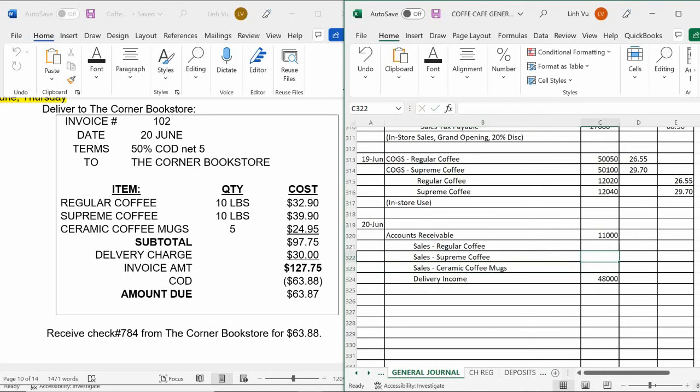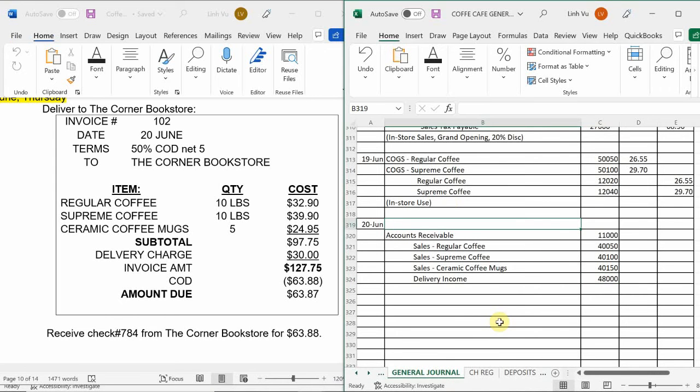And what else did we receive from them? What did we require when we delivered?